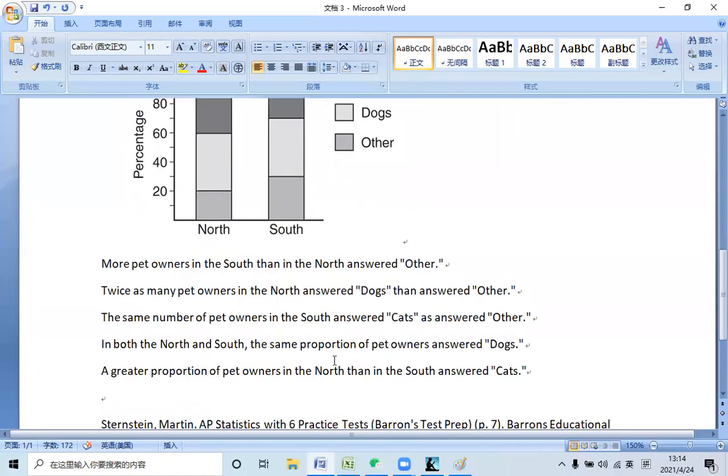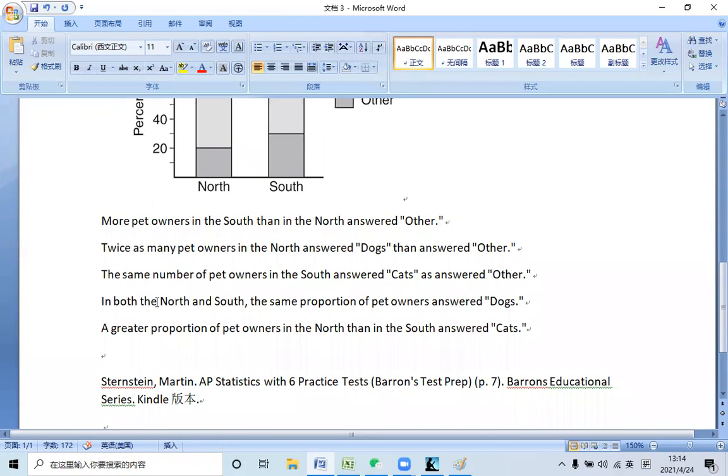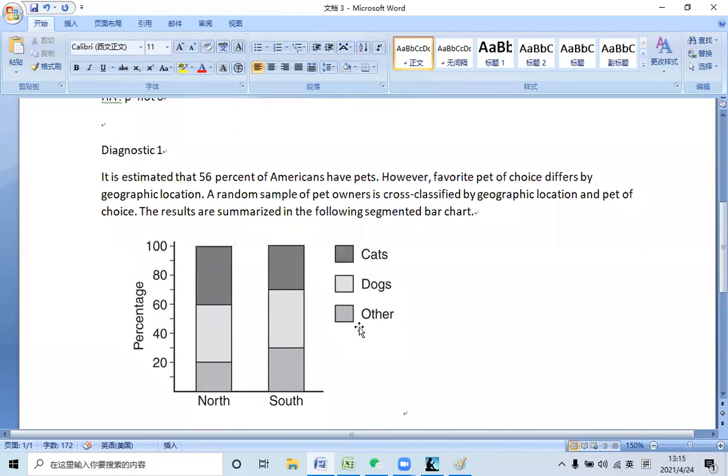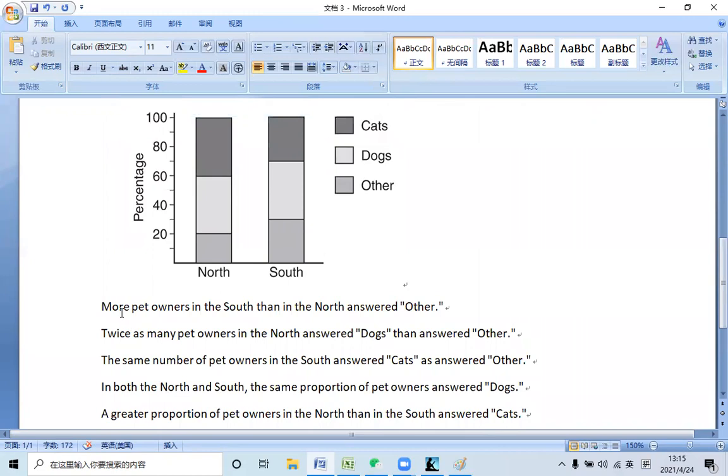Yeah, this seems to be good. So A, B, C. Yeah, I must have made a mistake somewhere. One of these is incorrect. So E is correct. Let's start from this one. More pets only in the south than in the south other. Oh, that's a tricky one.